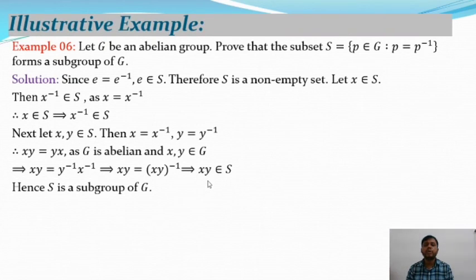That means if x, y belong to S, then xy belongs to S, as well as if x belongs to S, then x inverse belongs to S. So from the third theorem of a subgroup, which I have already discussed in the beginning of the class, S is actually a subgroup of the group G. So therefore S is a subgroup of G. Hence the proof of the above example.